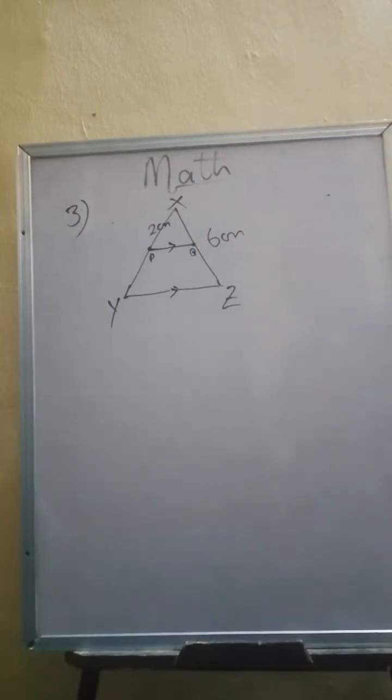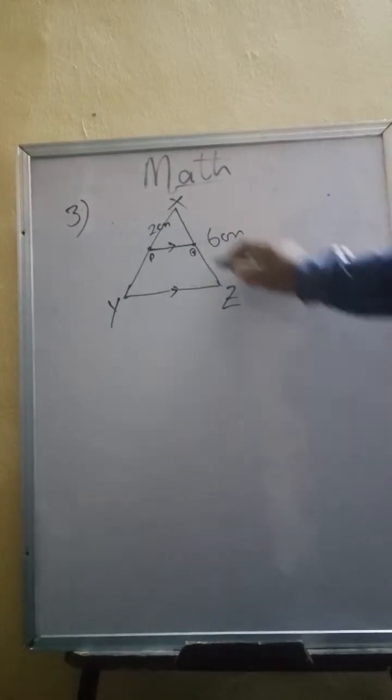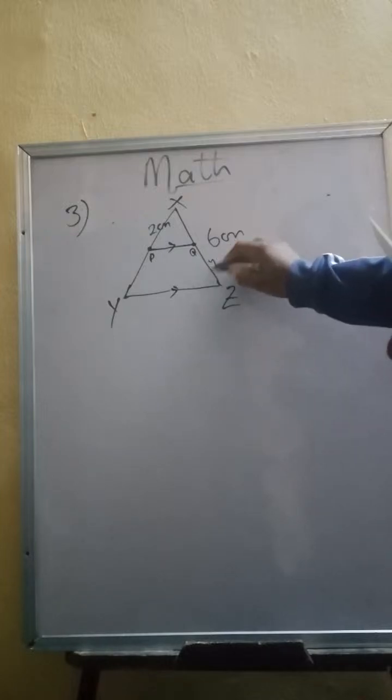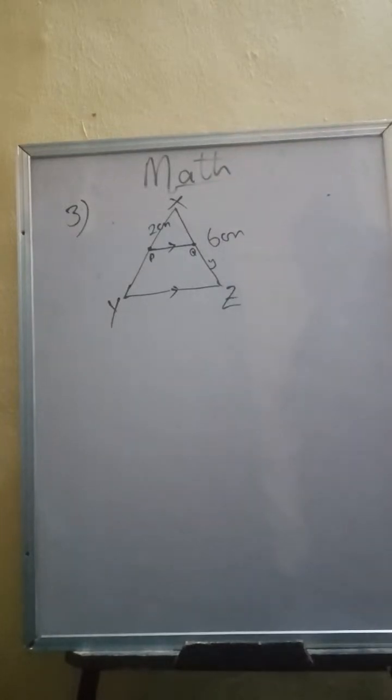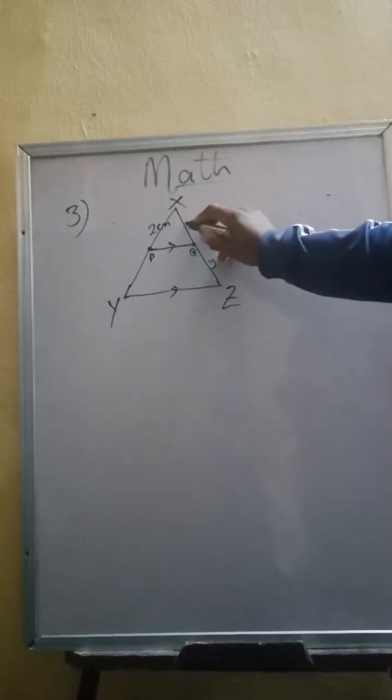Now to calculate the length of line QZ, permit me to call this y. And if that's the case, then this becomes 6 minus y.